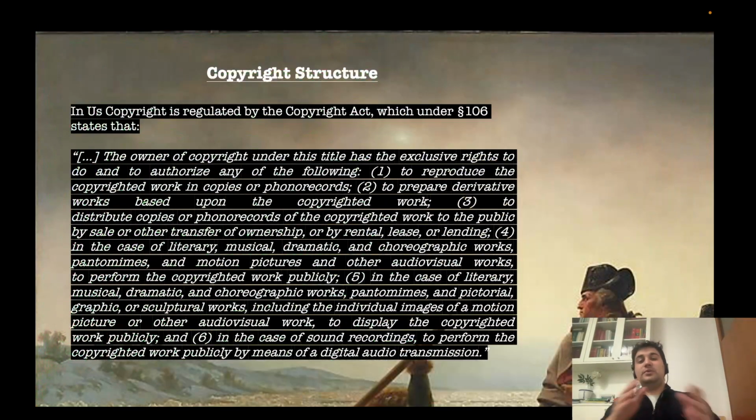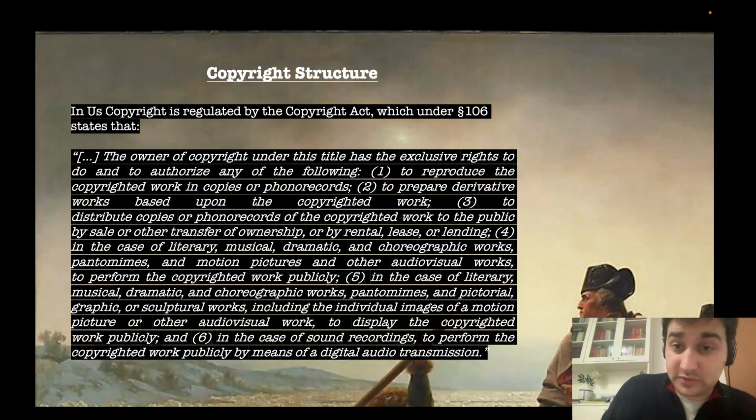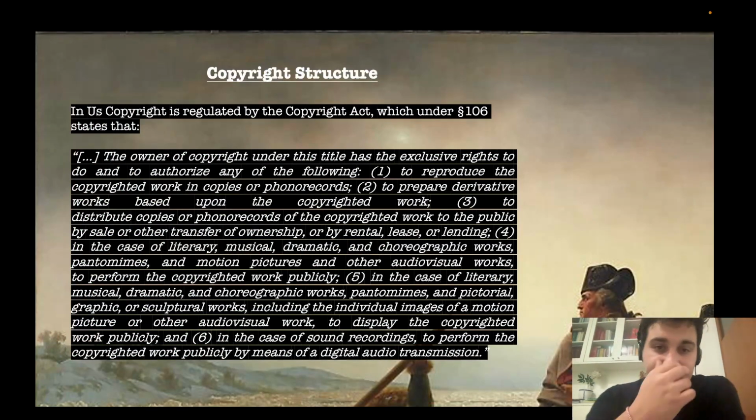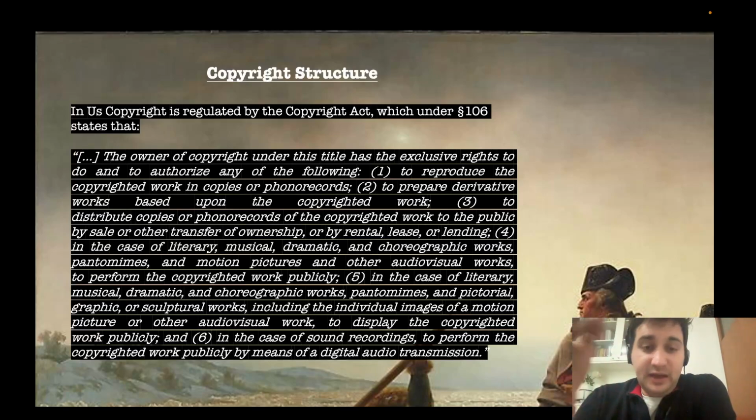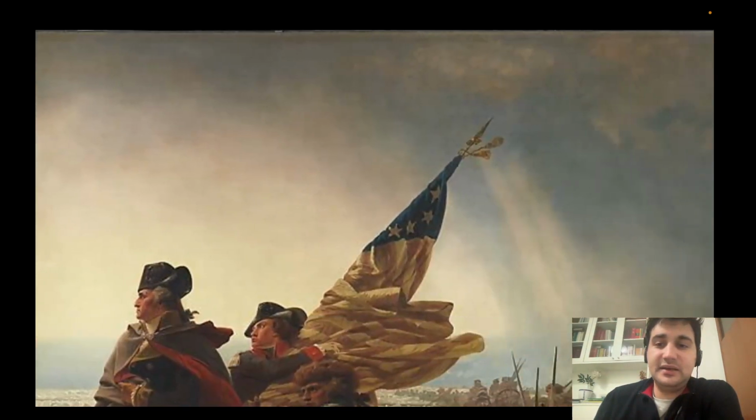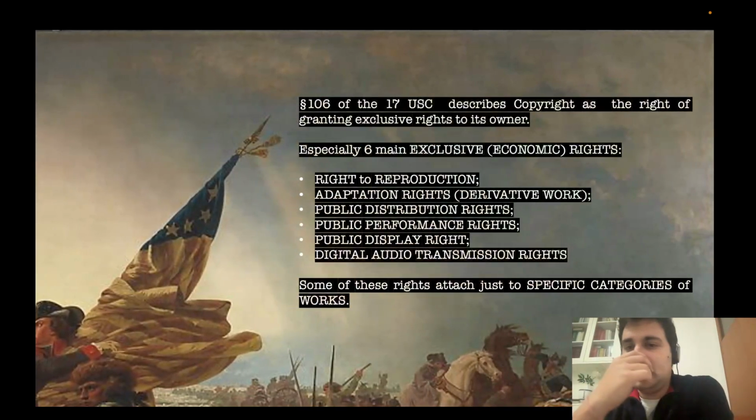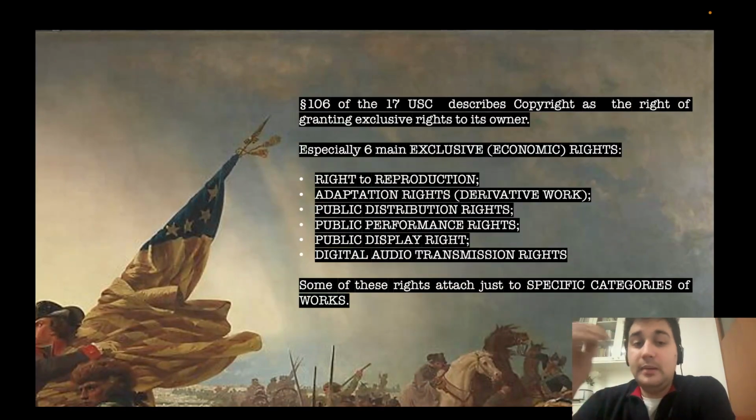So how is the copyright structure in the US? This is defined by section 106 of the Copyright Act. In here it is clearly written that the rights mentioned are basically six rights: the right to reproduction, derivative work or adaptation right, public distribution right, public performance right, public display right, and digital audio transmission right.